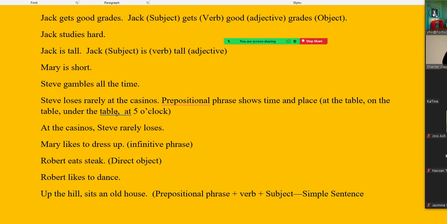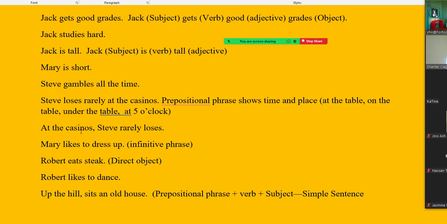Then 5 o'clock is the object of the preposition. Casinos is the object of the preposition. Table is the object of the preposition. Do you understand that? Okay. And then the prepositional phrase can either be at the end of the sentence or at the beginning of the sentence.